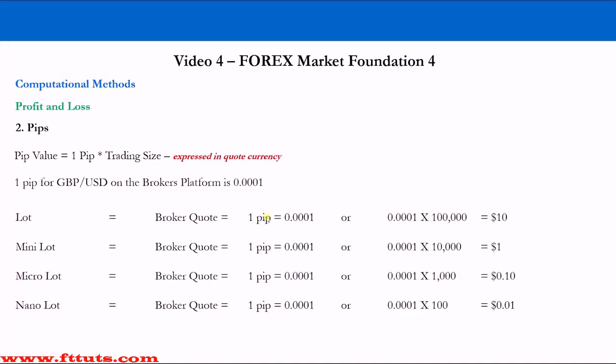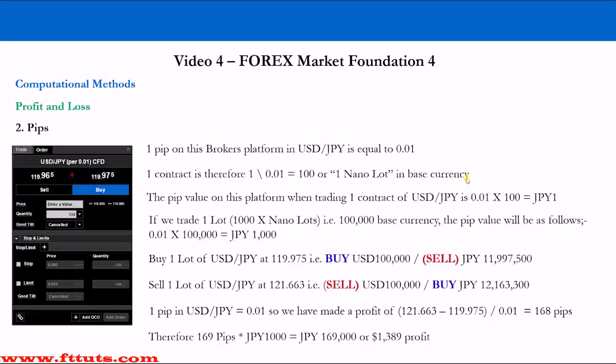So all you do is take the pip value and fix it across all sizes, and you multiply across the sizes. So here, 1 lot is 100,000, a mini lot is 10,000, micro and nano, and you get your pip values expressed in quote currency here. So you can apply that table across all trading platforms.